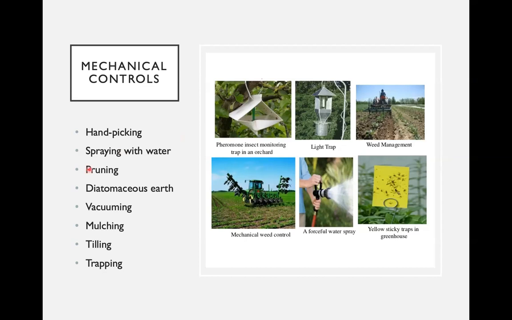It's a very effective pest control measure. Trapping, attractants, pheromone traps like this tent trap here, even yellow sticky cards are not only used for monitoring, but they can also be used to trap insects and lower the damage that they're going to do to your crops. A couple other examples like mulching, tilling, even vacuuming, all of these can help suppress pest numbers and be considered a mechanical control.